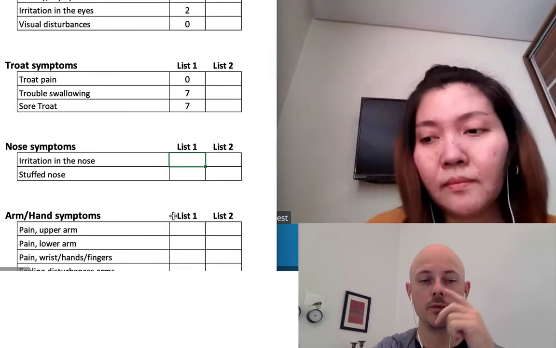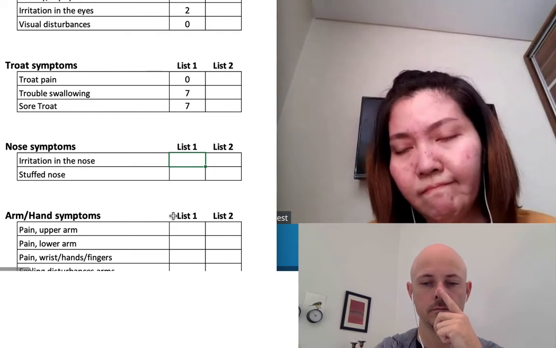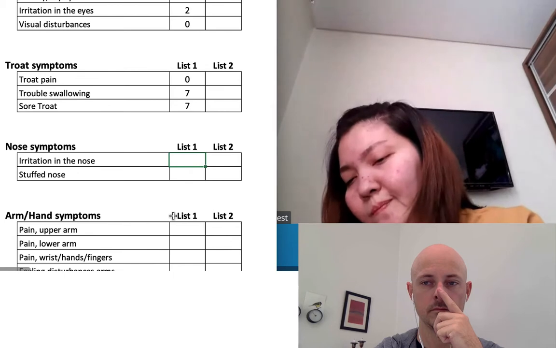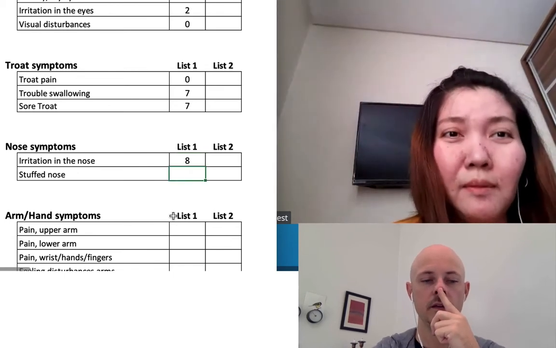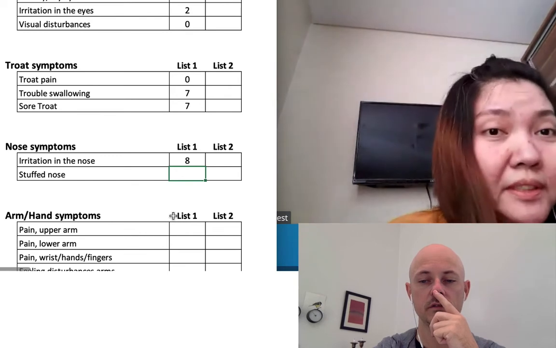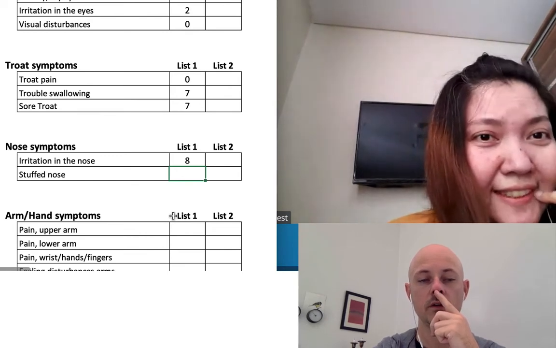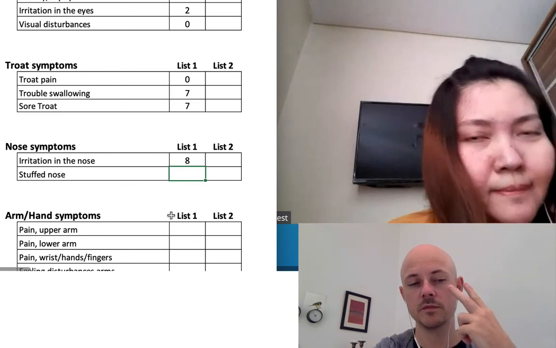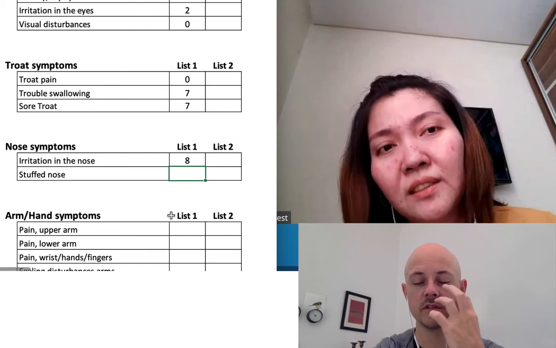And then we have irritation inside the nose. 8. Yes. I feel that it's only swollen. My nose is swollen inside. Okay, so we actually have two different symptoms for the nose. One is called irritation in the nose, and the other one is called stuffed nose.